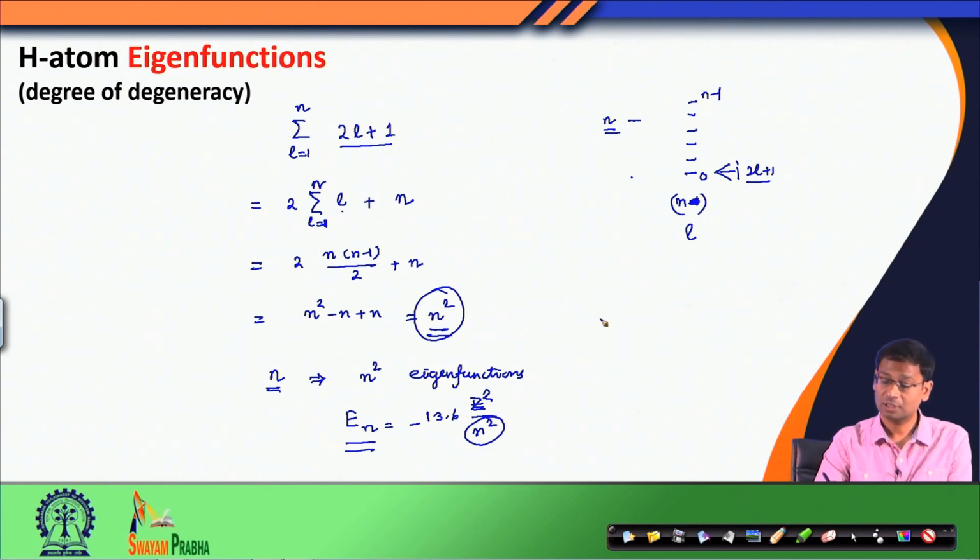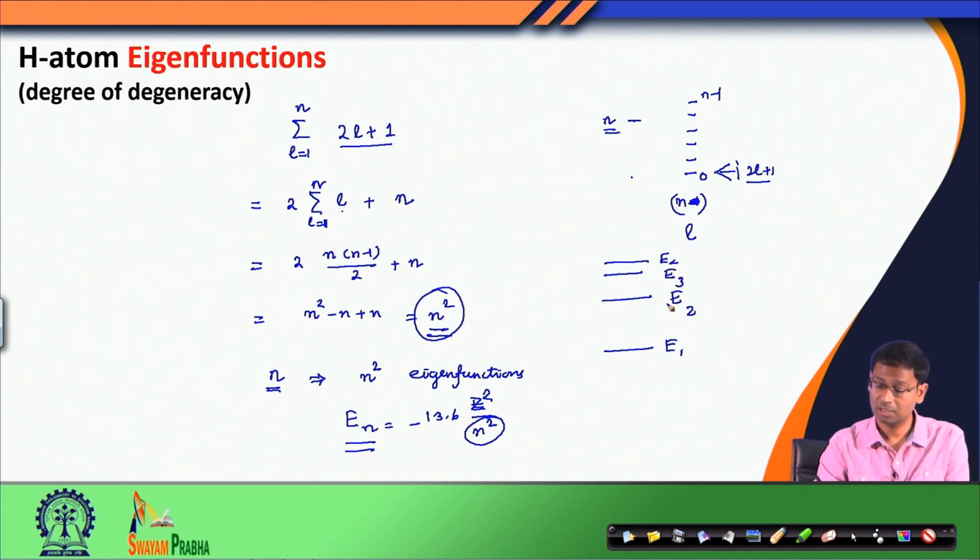So, therefore, the hydrogen atom's energy levels that we drew in an earlier slide, E1, E2, E3, E4 and so on, the level of degeneracy of these energy levels are given by n square.